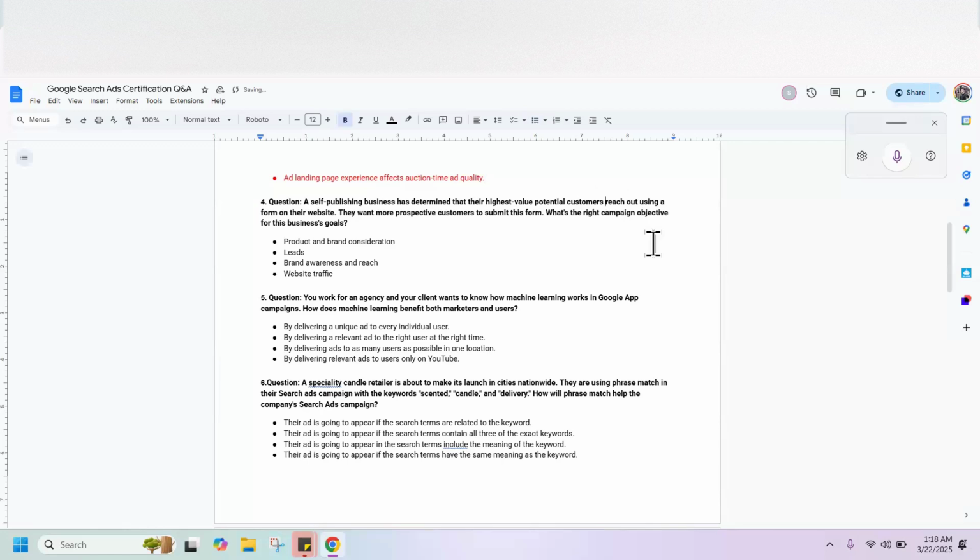They want more prospective customers to submit this form. What is the right campaign objective for this business's goals?